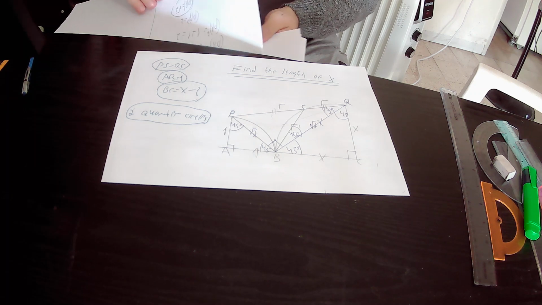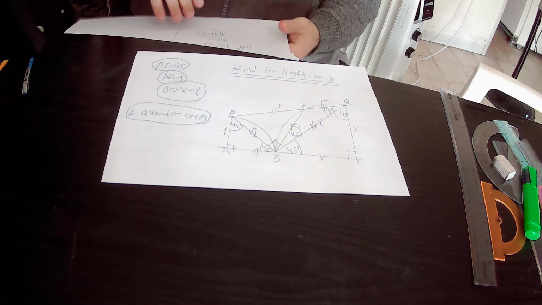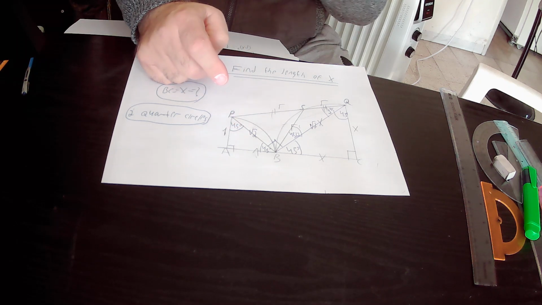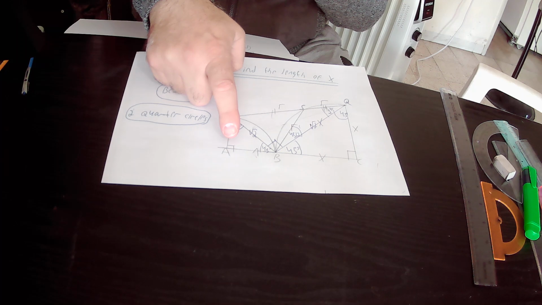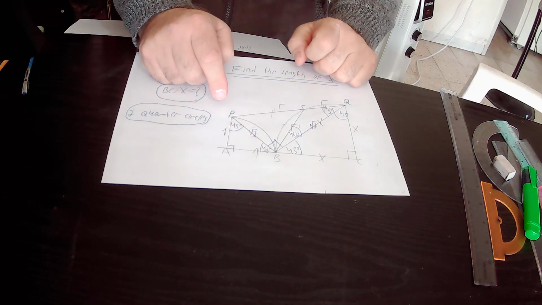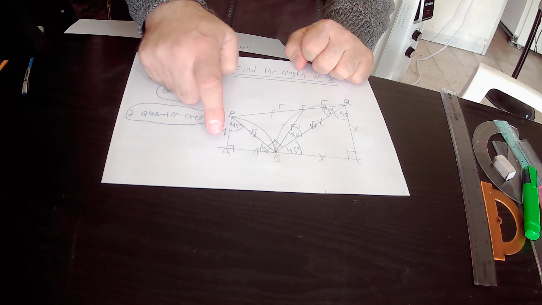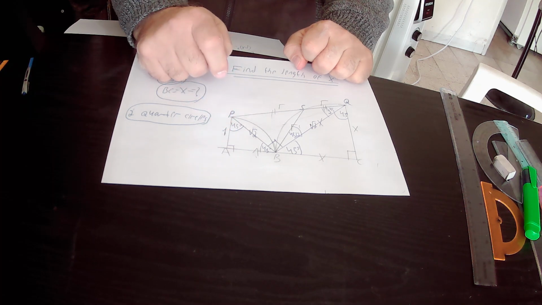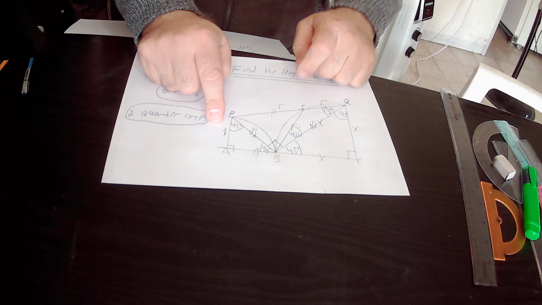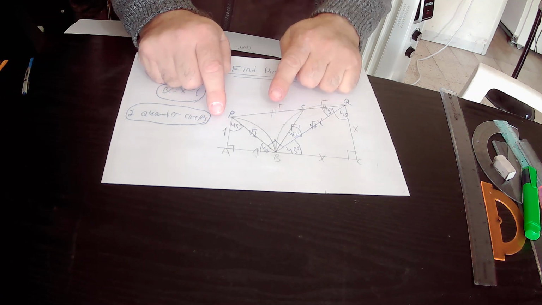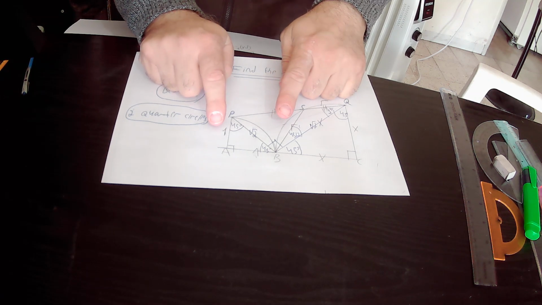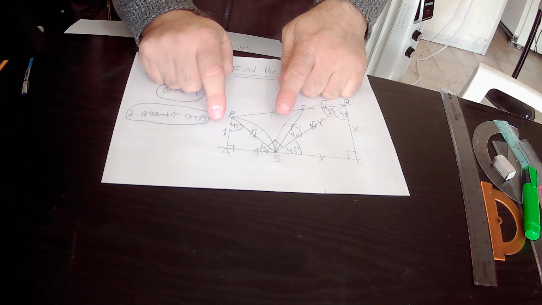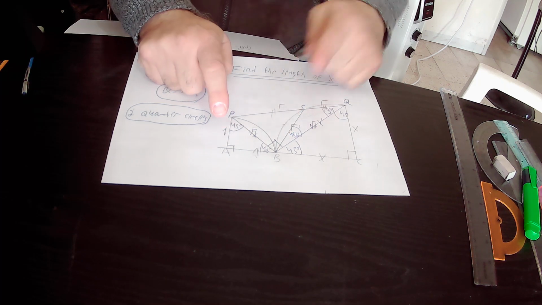Okay, so because this is a quarter circle, this angle equals 90 degrees, and PA and AB are both the radii of this quarter circle. But PA equals 1, therefore AB must also equal 1.